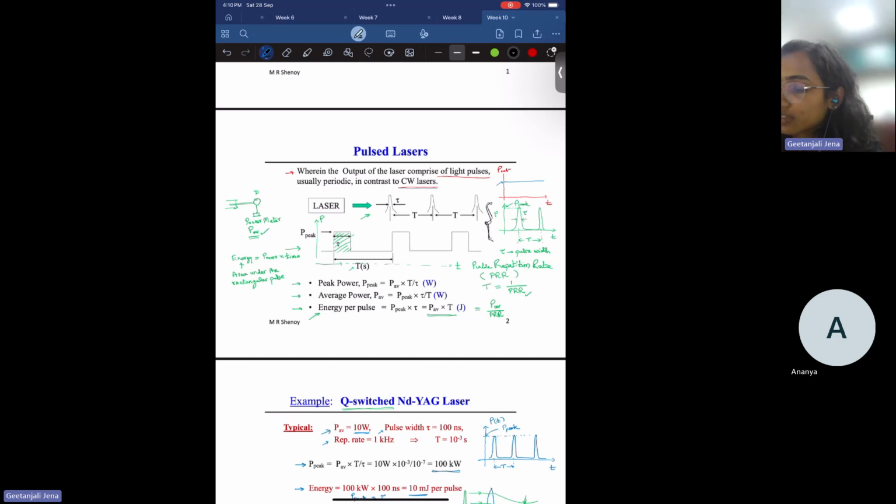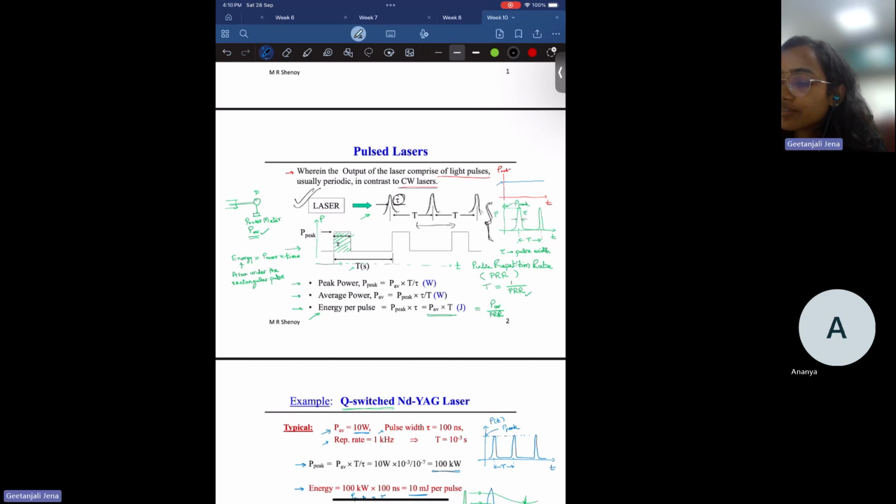These are some schematics of a pulse laser. Capital T is the time period between the periodic pulses, and tau is the full width at half of the maximum.